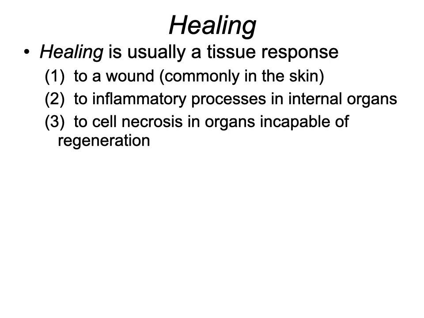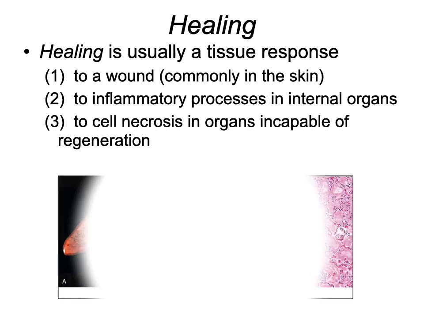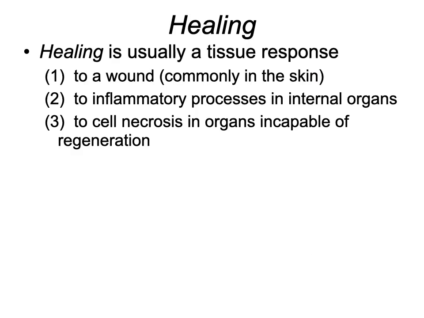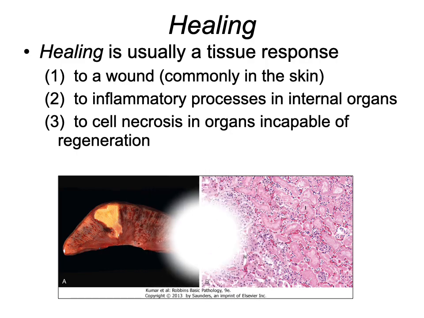Now, healing is said to be a tissue response either after wounding the skin, after inflammatory response in internal organs, or after cell necrosis. Okay. So this is an example of an ischemic infarct.